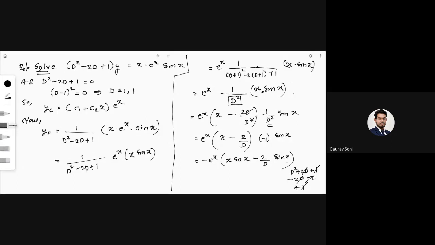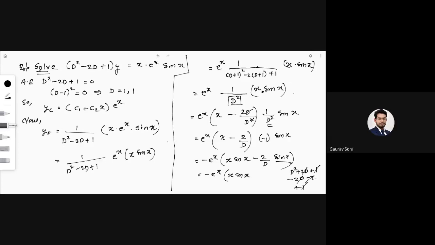Now 1 upon d is integration. Take the integration of sin x. What is the integration of sin x? Minus cos x.